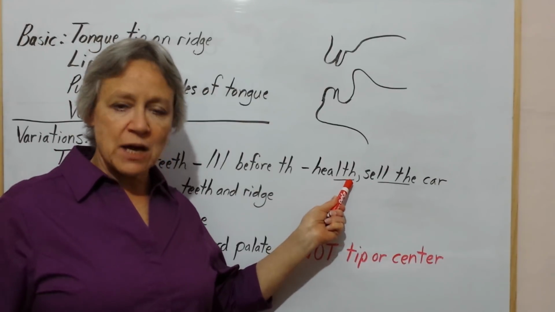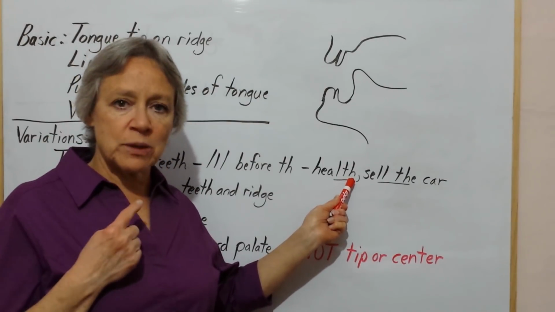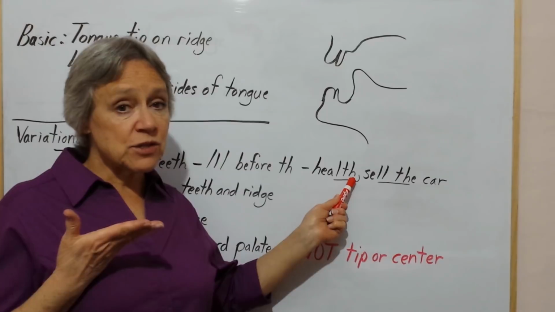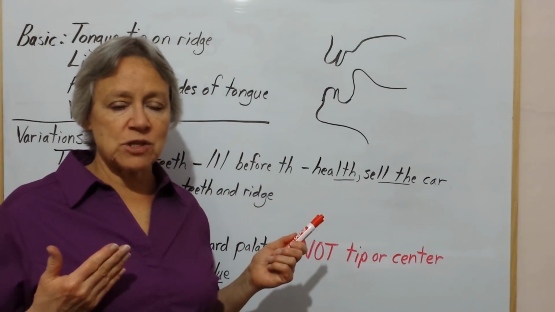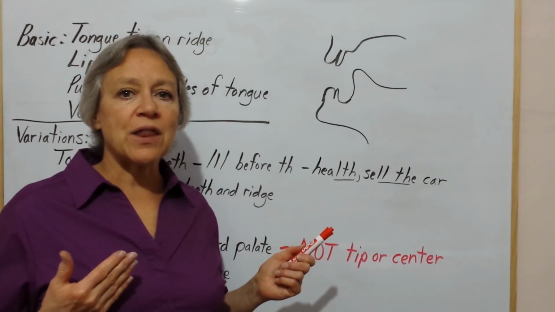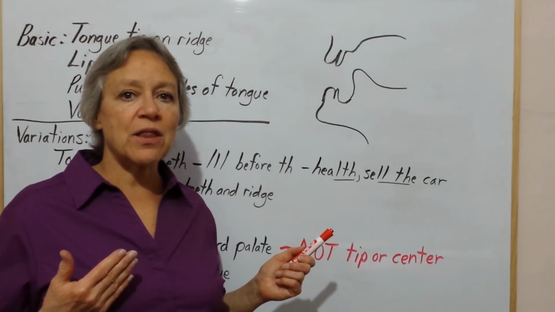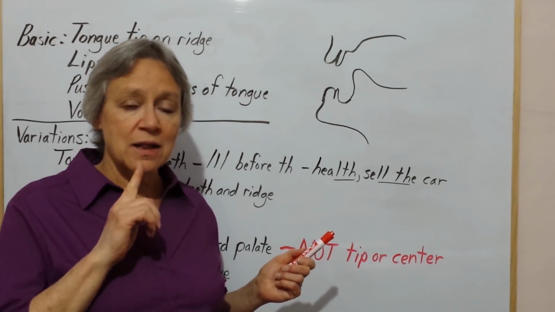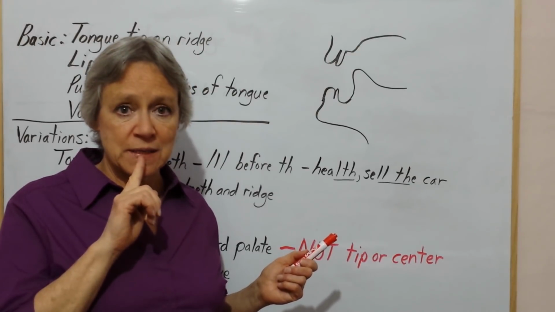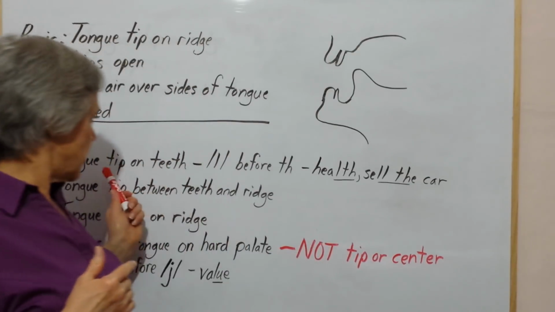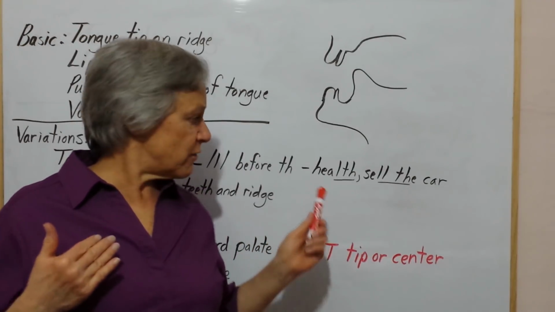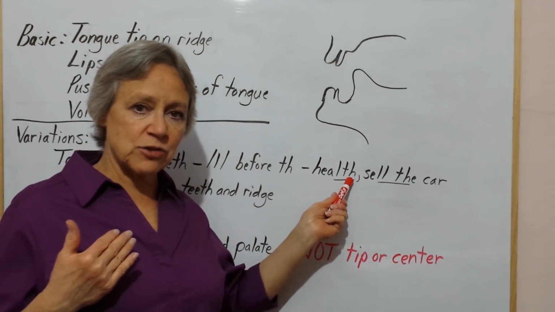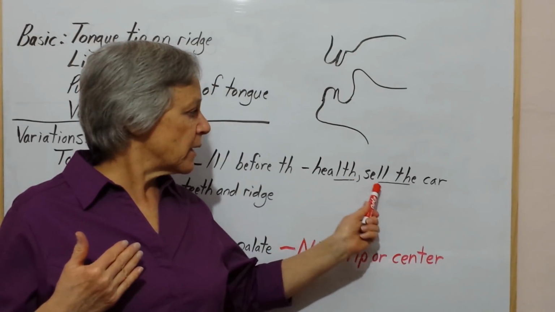To make the TH sound, I have to put my tongue between my teeth. And so it's just easier for us to also make the L with our tongue in about that position. So health, health, health. For the L, I'm putting my tongue on my teeth. So that's what I have here, tongue tip on teeth. Health. When L is followed by other letters and sounds, though, we don't do this.